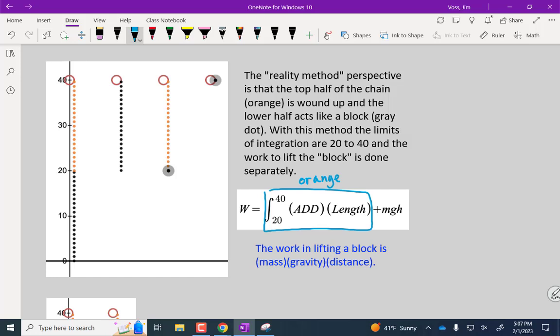The links from 20 to 40 are being wound up to the top, and then this whole lower chain is just being lifted. It's dead weight. We could figure out the mass, multiply by g and h. This would give us the block, or the lower part. Either way, whether you think of it as the links or as just a block, you get the same answer.